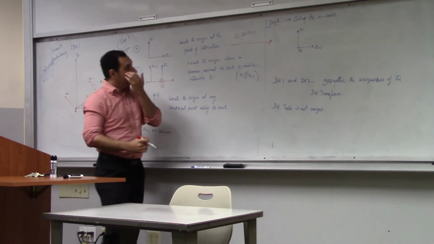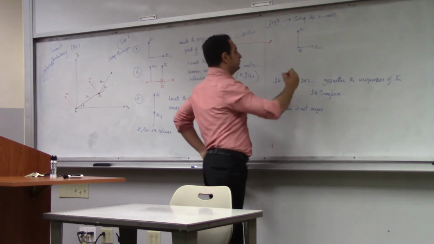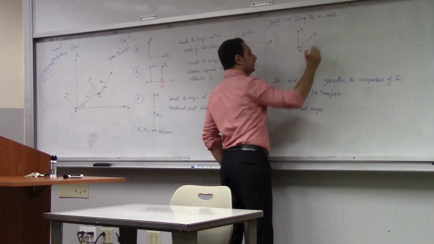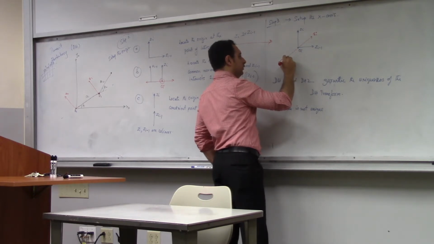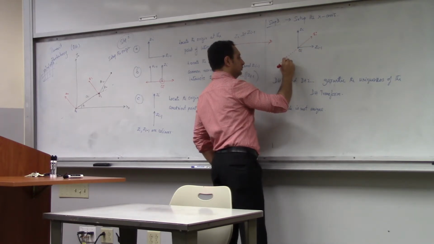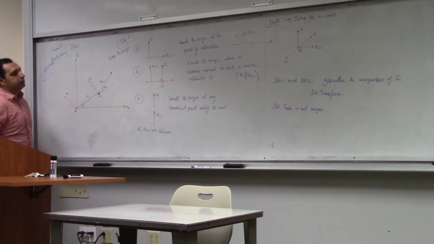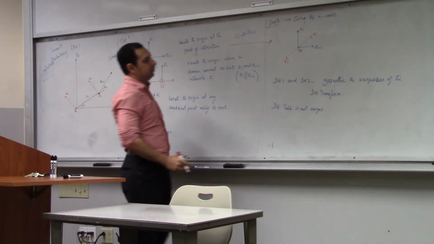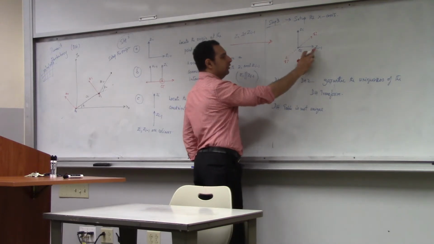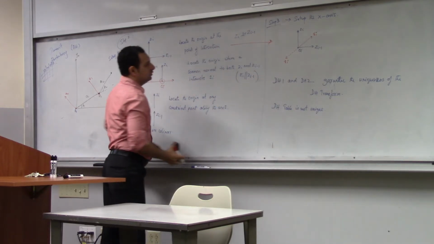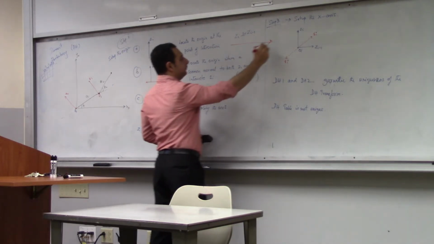X has to be perpendicular to both of these. So there are 2 ways to draw x. X can be within the board like this, or it could be coming out of it. All right, you have two options for x. You can either take it within the board because it has to be perpendicular to both these axes and also intersect this. So it can be within the board or outside the board, in this case A.